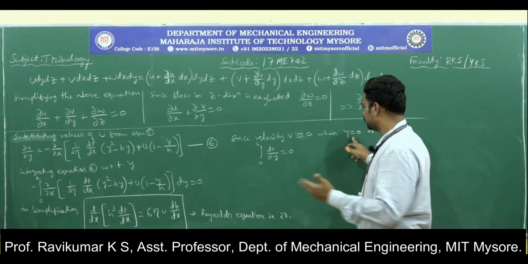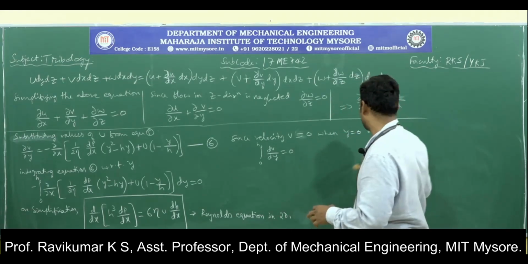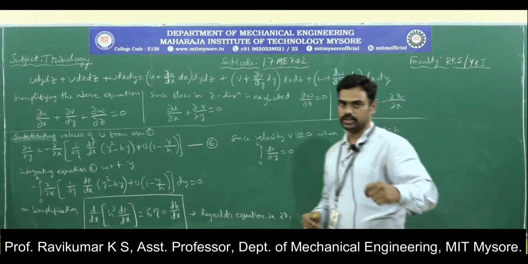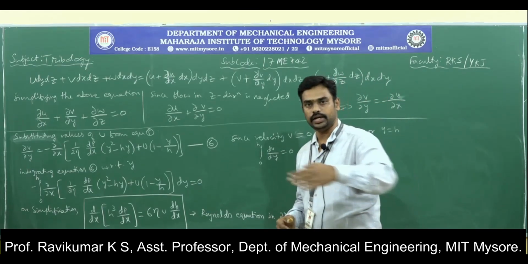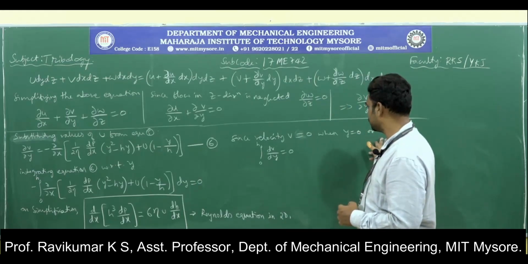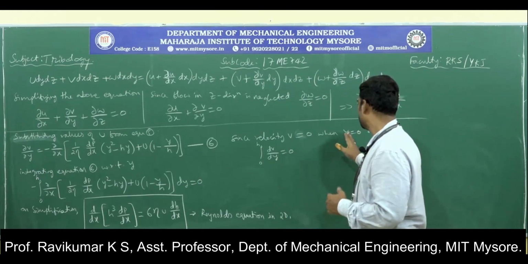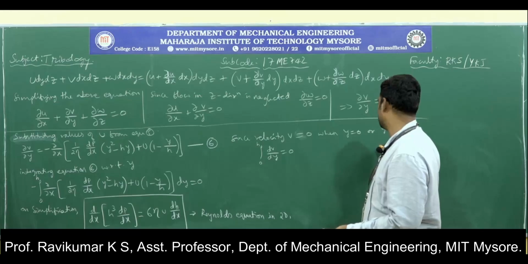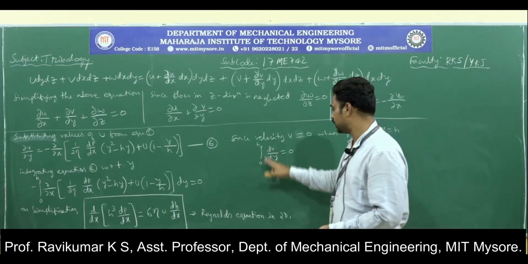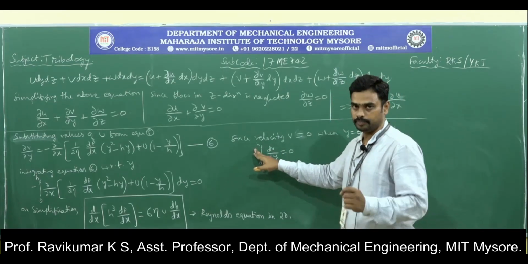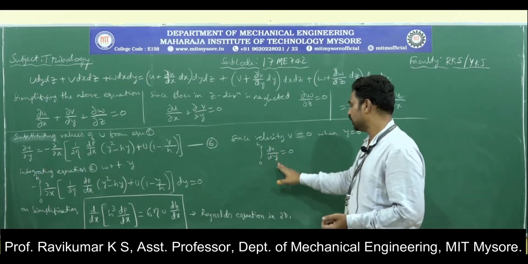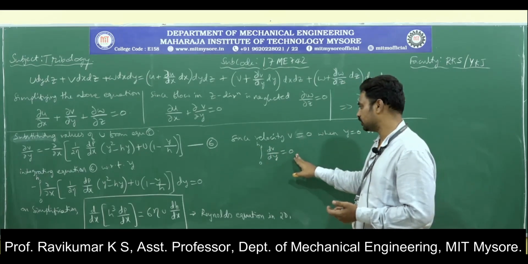plate, on which the velocity will be 0, as well as at h, at the stationary plate, again the velocity will be 0. Since the velocity is 0 when y is equal to 0 and y is equal to h, the integration of dv by dy between the limits 0 to h will be equal to 0.